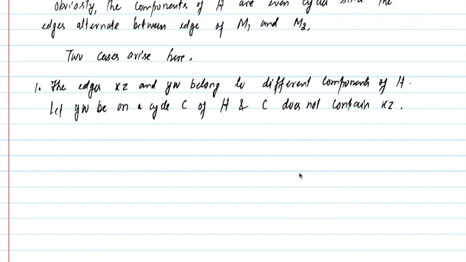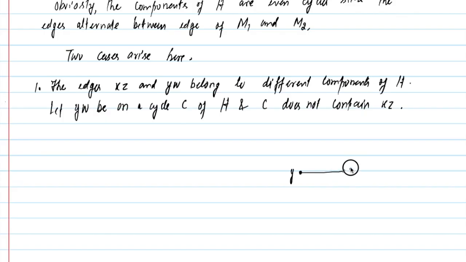YW is an edge which is on a cycle C, and in fact this will be an even cycle. This is another edge from the matching M2, and this is also an edge of M2 in the cycle C. Now let us draw the alternating edges. This is an edge of M1 on this cycle, and this is the edge of M2 on this cycle.